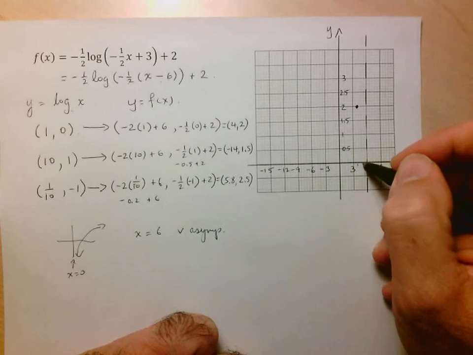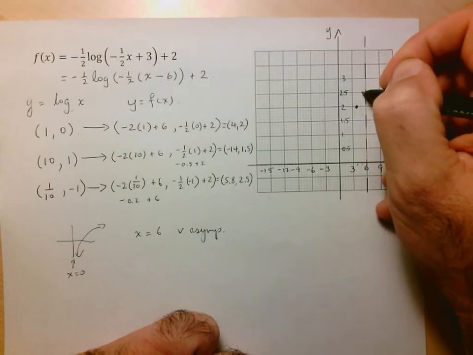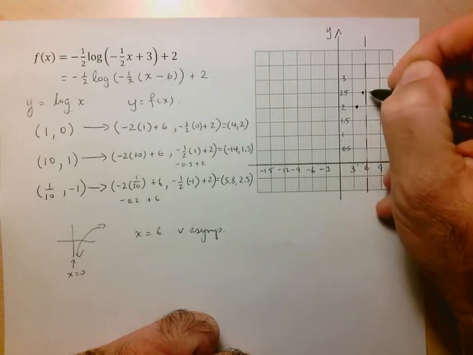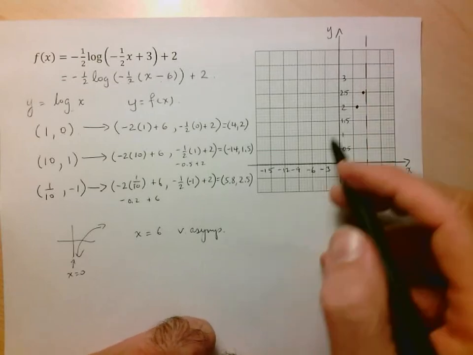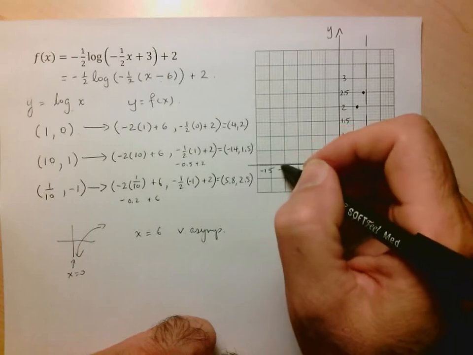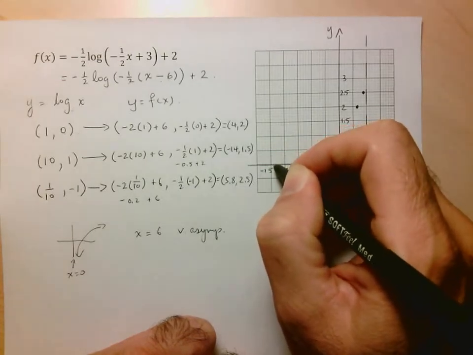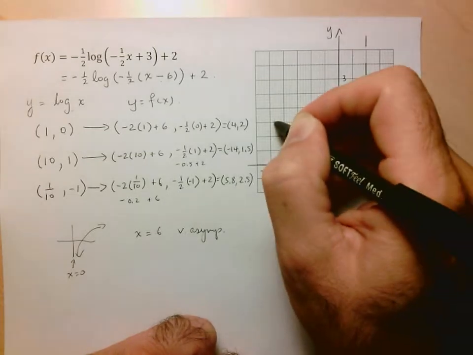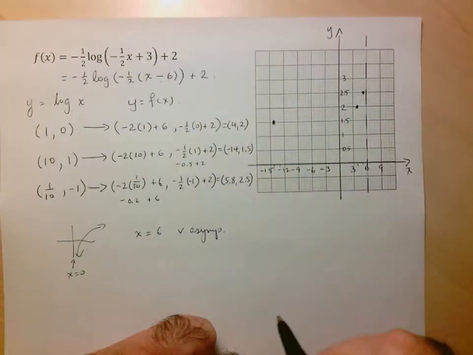Then we have 5.8, which is very, very close to our asymptote. Okay, and we've got 2.5. So I'm going to do my best to draw something very, very close to the asymptote without touching it. And then we've got our -14, which will be, if we cut this into 3 parts, somewhere here, and 1.5. So 1.5 and -14 will be somewhere there.